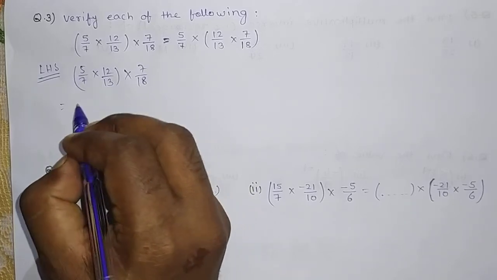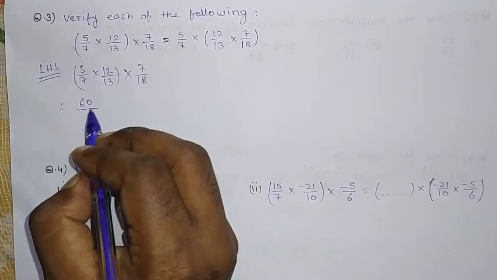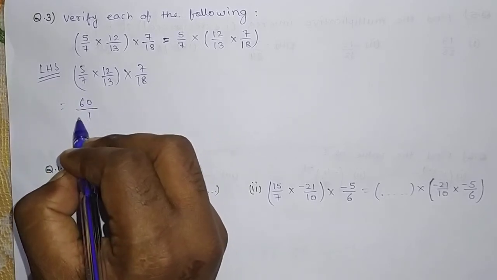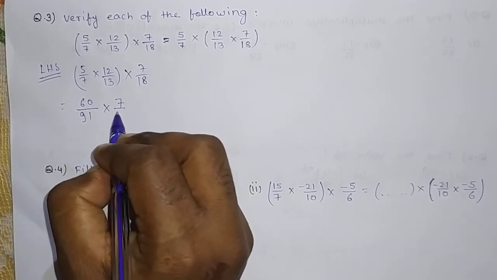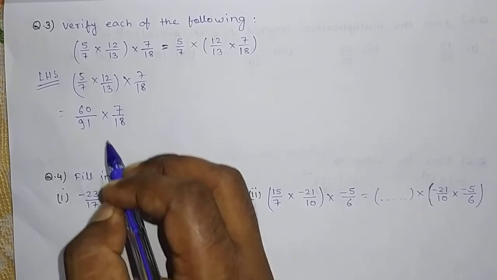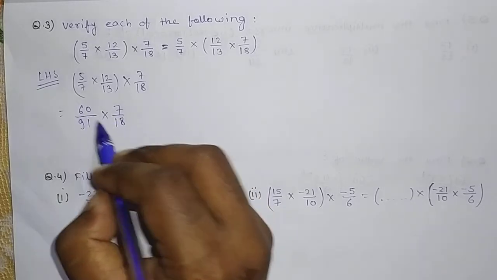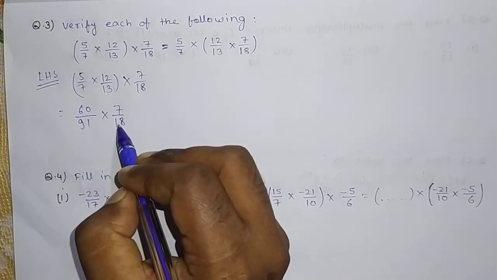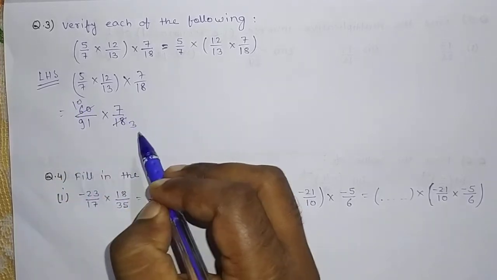12 5s are 60 divided by 7 into 13, that is 91 multiply by 7 upon 18. Now again we can divide by 60 and 18. Both are divided by 6, so 6 3s are 18, 6 10s are 60.